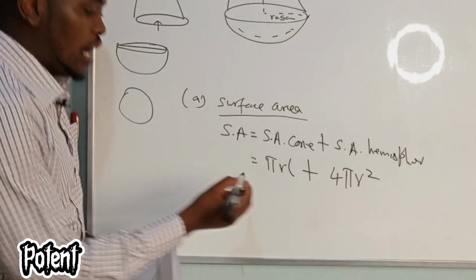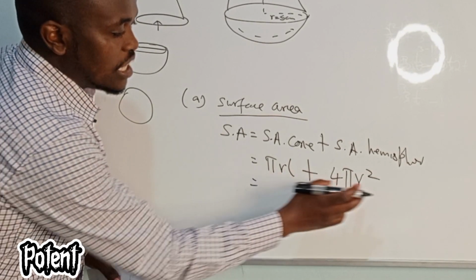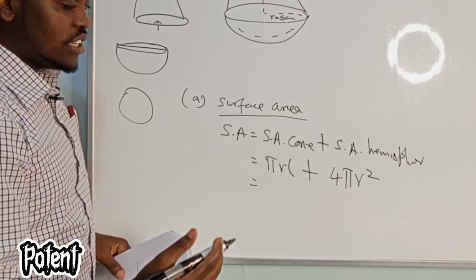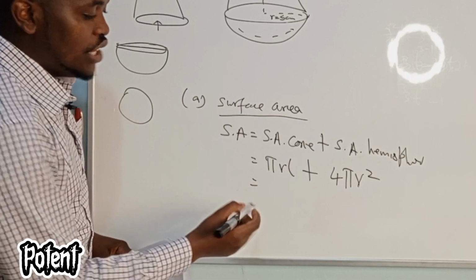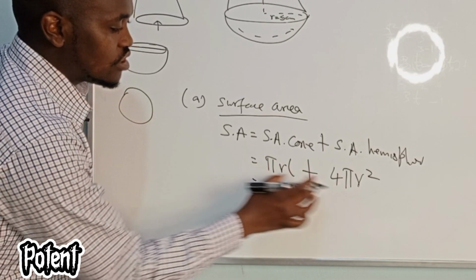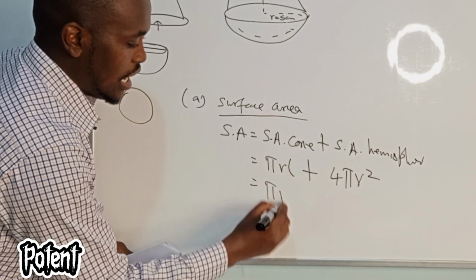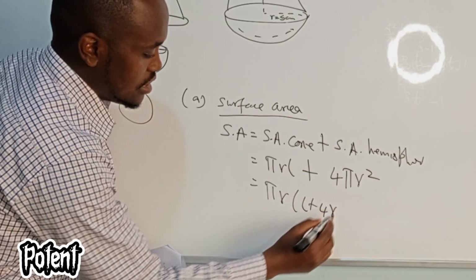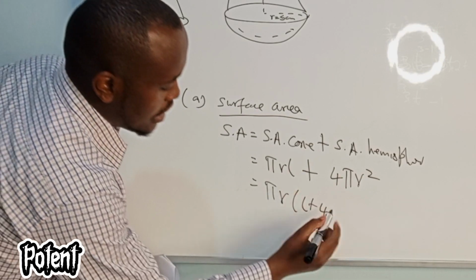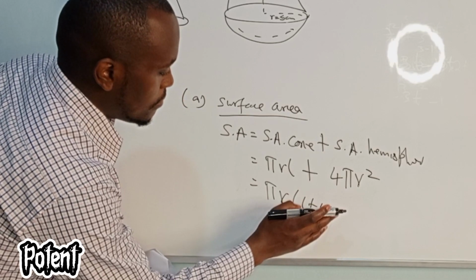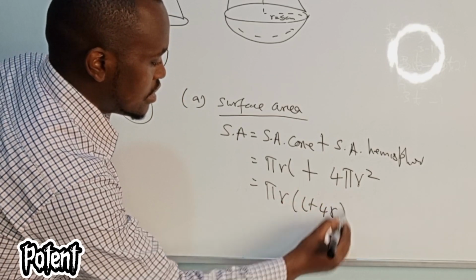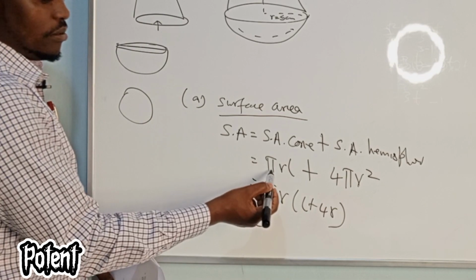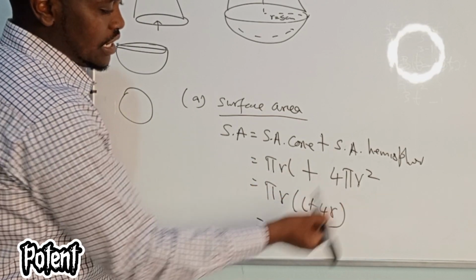Now you can solve each separately, but if you are in Form 4 and you are very bright, you can factor out what is common. So you have pi r, and this is L plus 4 r. So the answer you are going to get here, you have pi r and pi r.